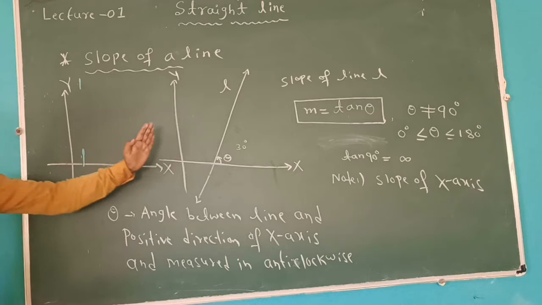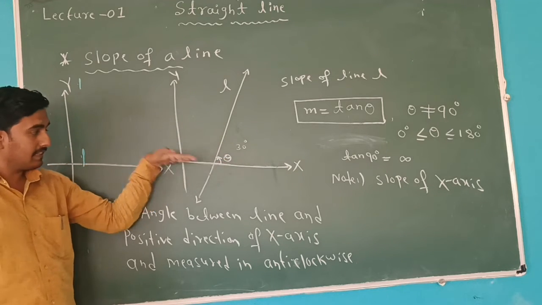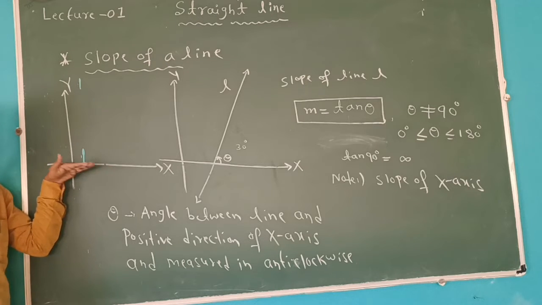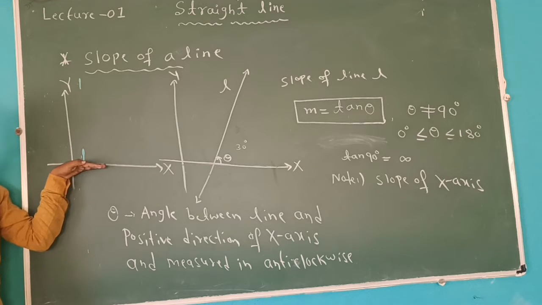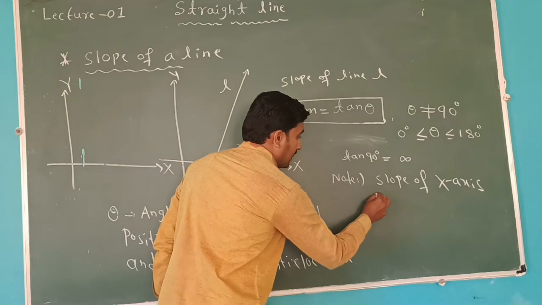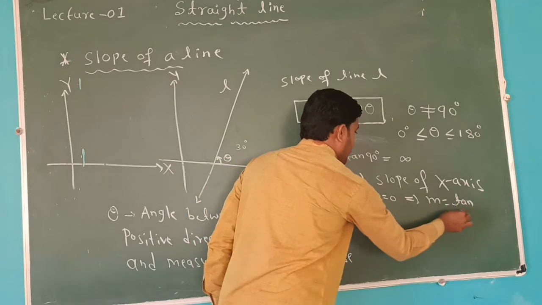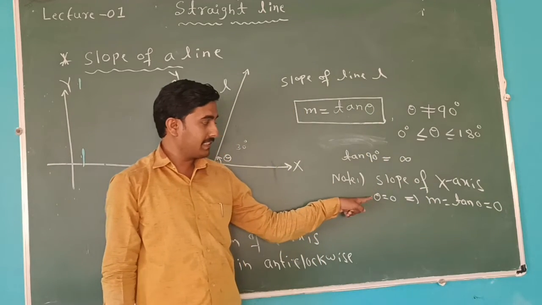The line is superimposed on the x-axis. What is the angle between the line and the x-axis here? 0 degrees. Yes or no? The line is on the x-axis, which means the angle between the line and the x-axis is 0 degrees. So theta is 0, and the slope is m equal to tan 0, which is equal to 0.